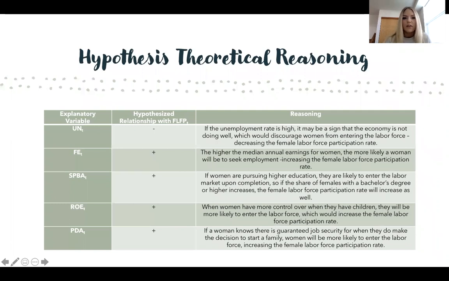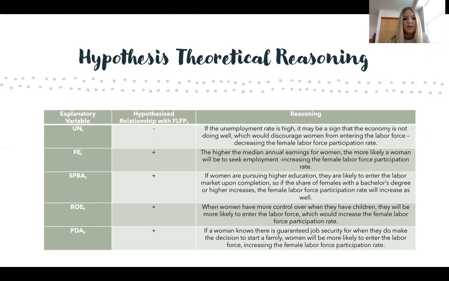Next, we have the hypotheses and theoretical reasoning. With UN, it is hypothesized that it will have a negative relationship with female labor force participation. The reason for this is if the unemployment rate is high, it may be a sign that the economy is not doing well, which would in turn discourage women from entering the labor force, decreasing the female labor force participation rate.